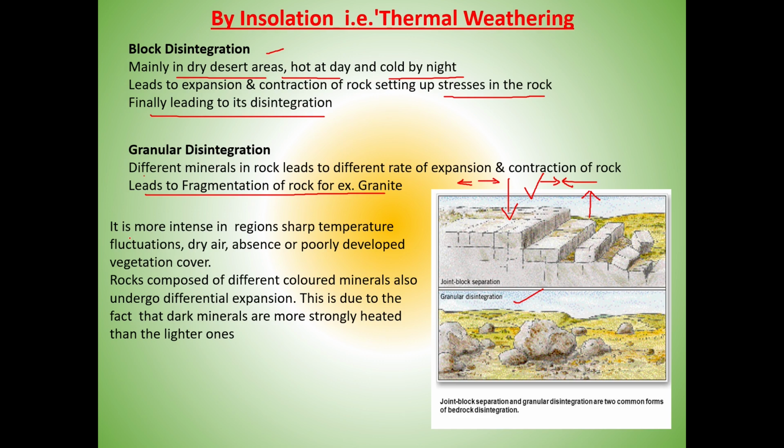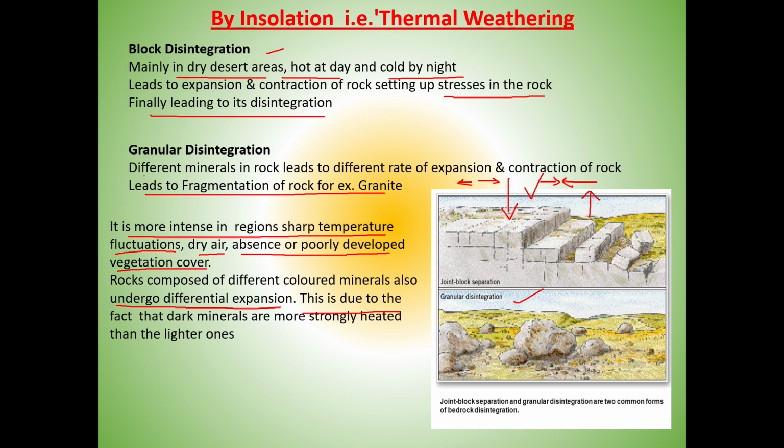Now it is more intense in regions of sharp temperature fluctuation, that is a large temperature range, dry air, and absence of or poorly developed vegetation. All this we get in the tropical deserts. Rocks composed of different colored minerals also undergo different expansion.